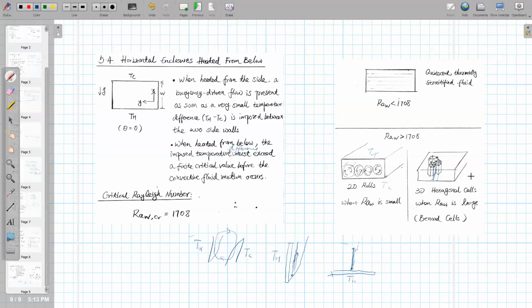Same thing when we talked about natural convection: the external one, around a vertical plate, and the internal one, natural convection inside an enclosure. We all considered that the flow is laminar. We didn't consider the effects of turbulence.